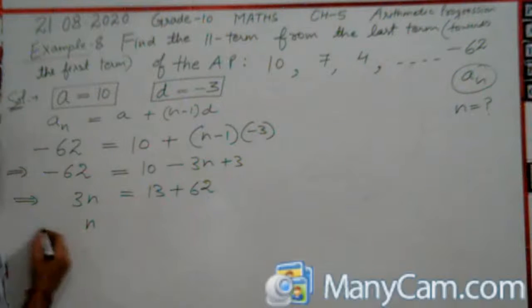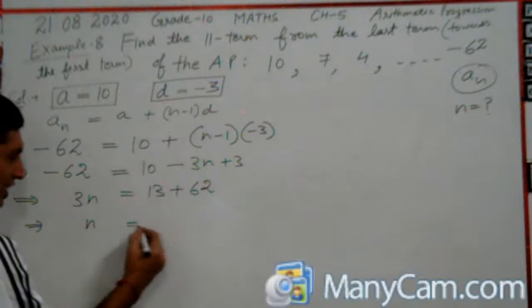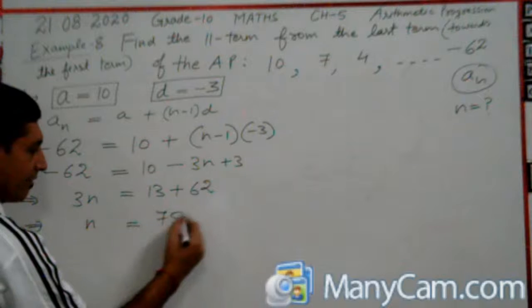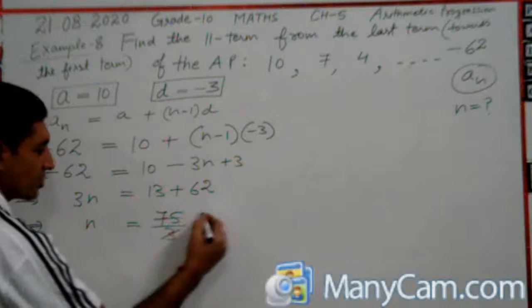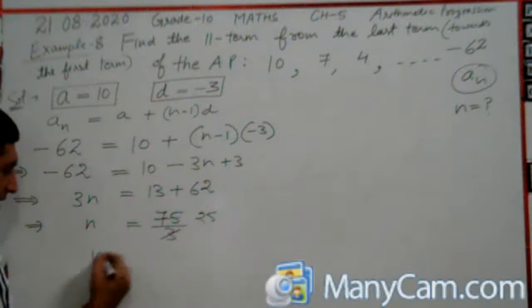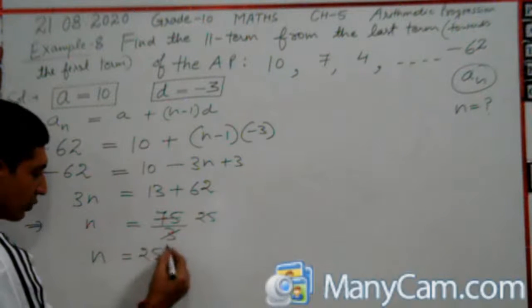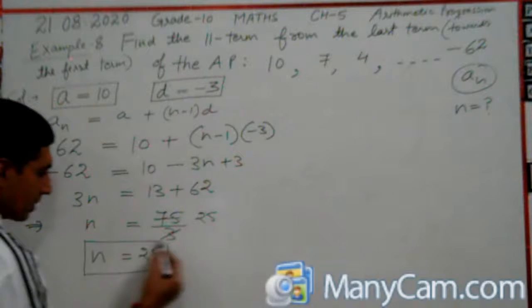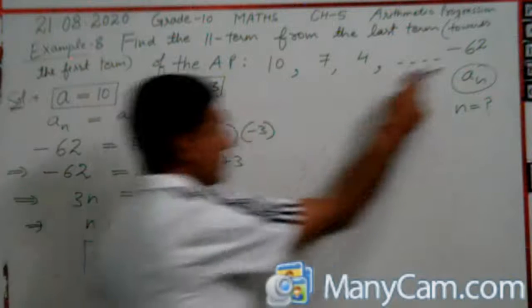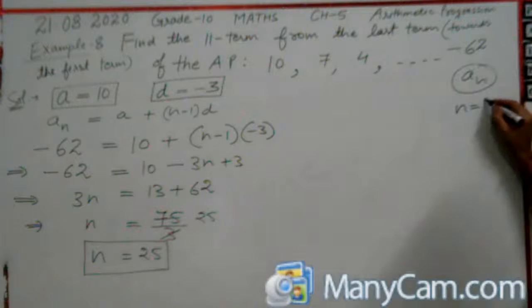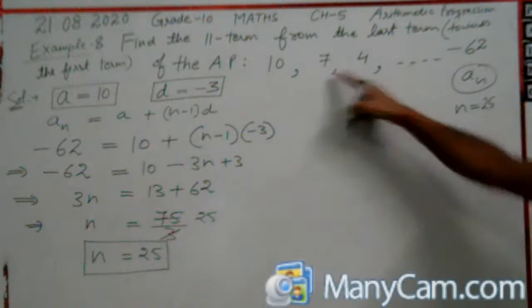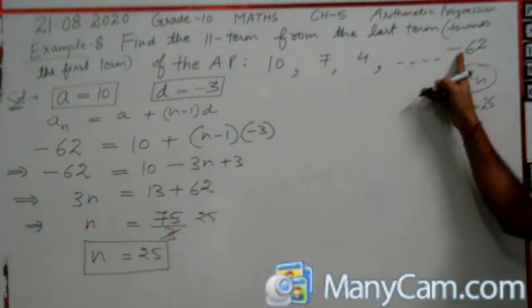So the value of n is 75 upon 3, that is 25. In another way, we can say that the 25th term of this AP is minus 62.